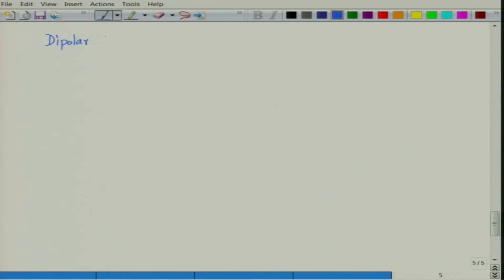Now, let us look at the treatment of dipolar relaxation. So, basically the frequency dependence of dipolar relaxation, and this is also often called Debye relaxation, in the name of Debye.